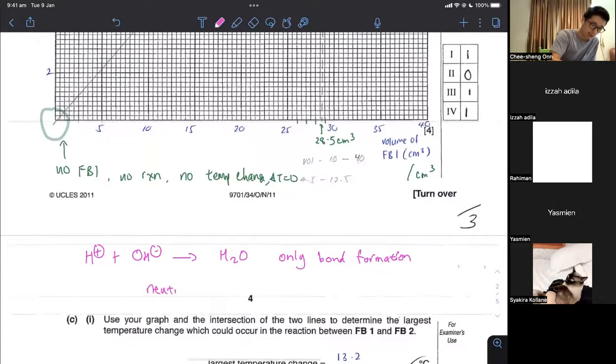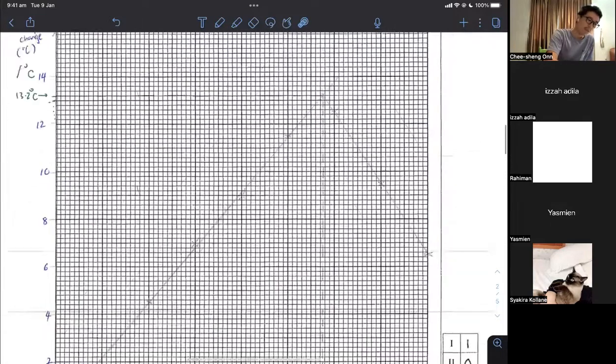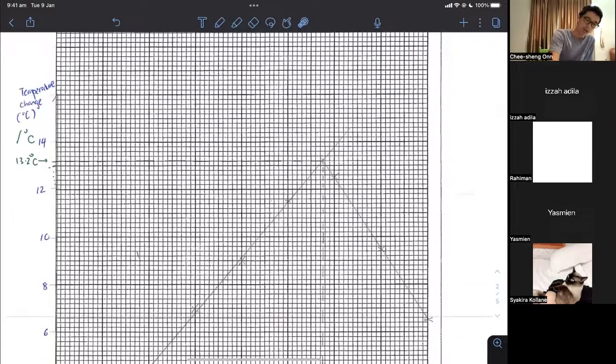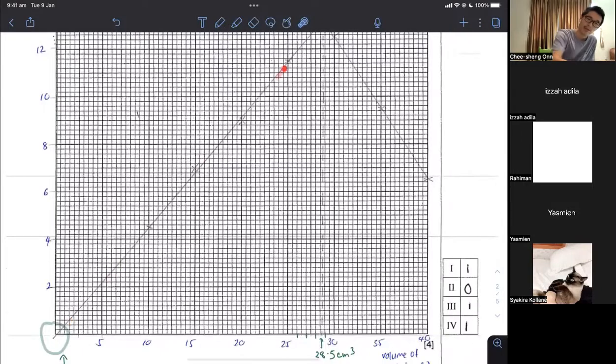Even an A-level student knows this. Neutralization is exothermic. In A2, you will have learned Kw. Kw is the water dissociation constant. The dissociation of water is endothermic, the opposite of the formation of water from H+ and OH-, and neutralization is exothermic. They result in a positive temperature change because Tf minus Ti is positive like that.